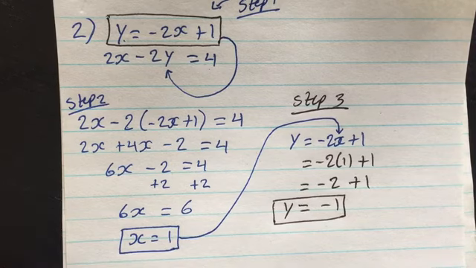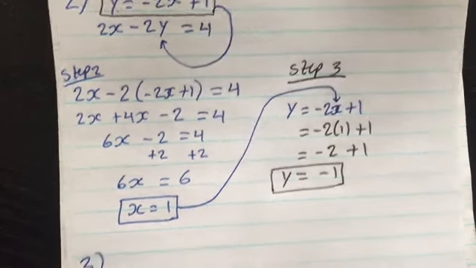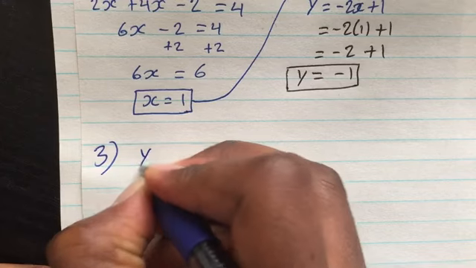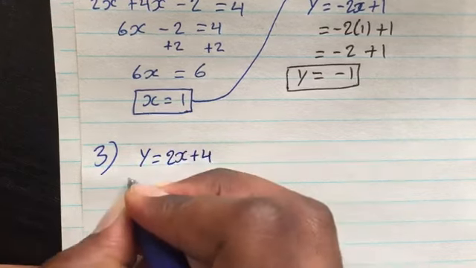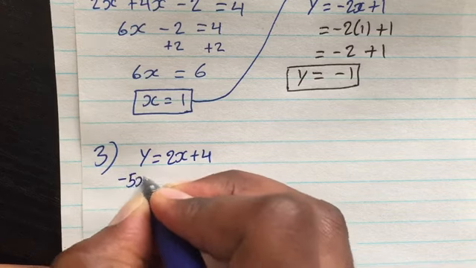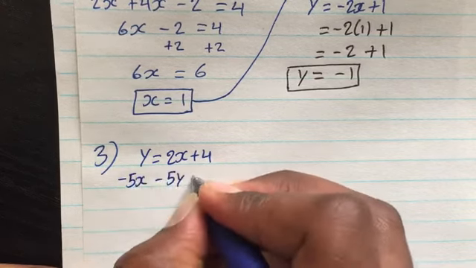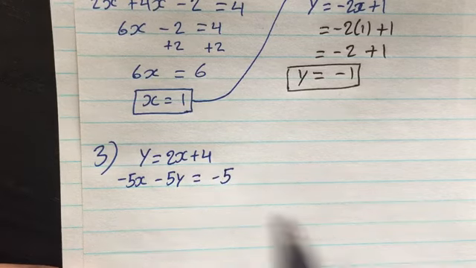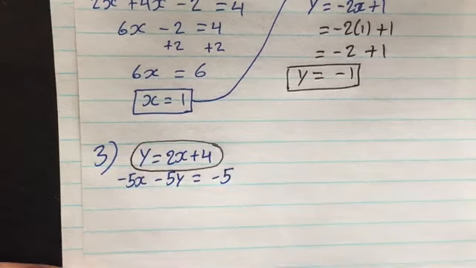Let's go to problem number 3. Let's say I have y equals 2x plus 4 and negative 5x minus 5y is equal to negative 5. And again, step 1, one of the variables is already isolated.